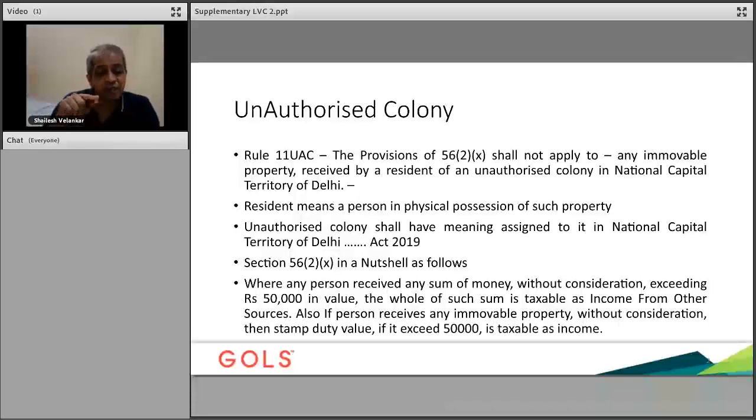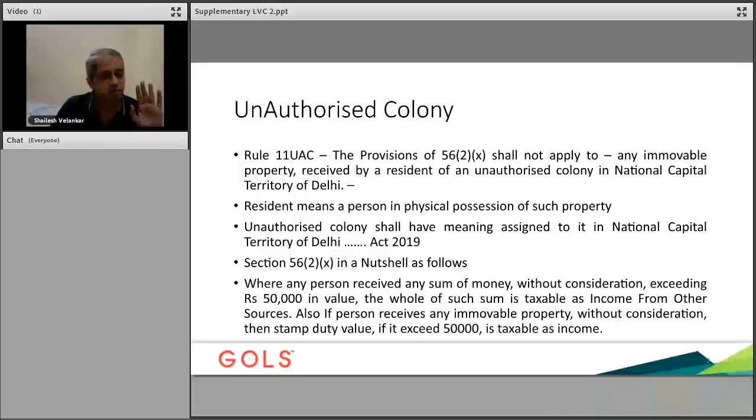Then I again went deeper into it. What is Section 56 subsection 2? Section 56 subsection 2 states that there are certain specific instances of income which should be classified as income from other sources. So in that I went to clause (x). What is clause (x)? Clause (x) specifies, if you see the last bullet point, I have written in a nutshell that if any person receives a gift in excess of rupees 50,000, I'm just simplifying the whole section because clause (x) uses very legal language: money received without any consideration.